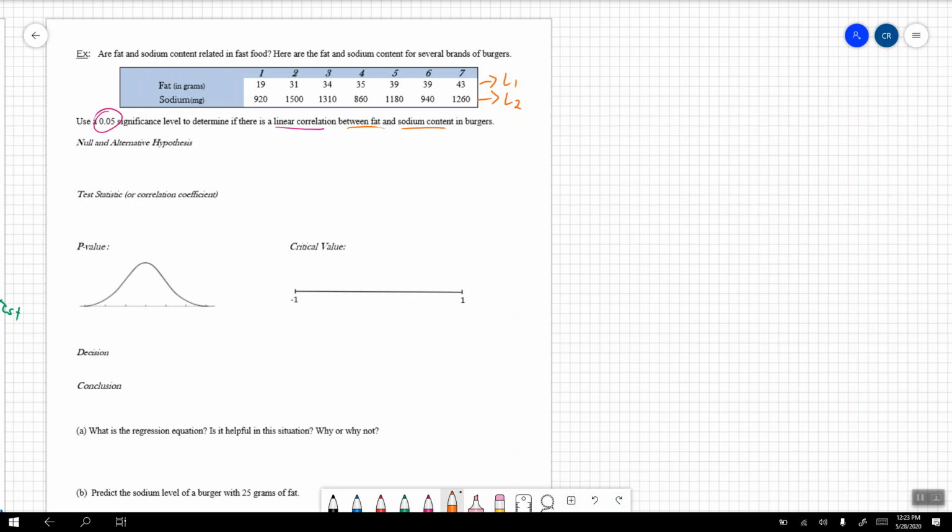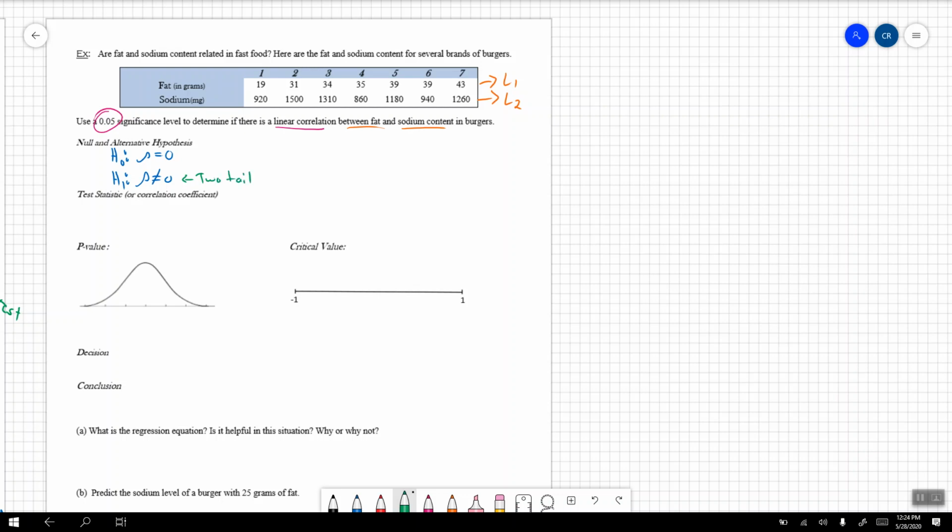Really quickly, I want to state the null and alternative hypotheses. The first one, because we're looking at a linear correlation, is going to assume that there is no correlation. That means my alternative is that there will be some type of correlation, and that's what I'm looking for. This automatically makes this a two-tailed test.